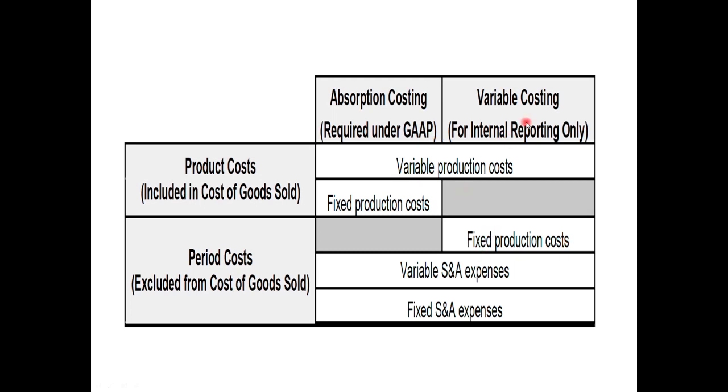So the difference between the two lies in fixed production costs. Fixed production costs are included in product costs under absorption costing, and included in period costs under variable costing.